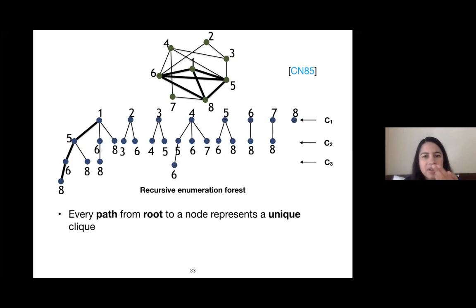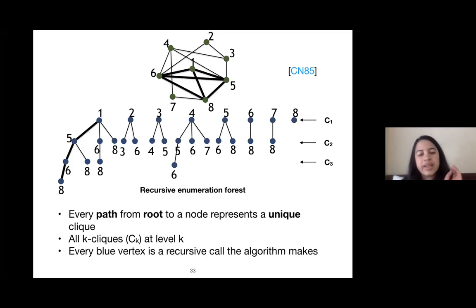For example, I've highlighted the clique 1, 5, 6, and 8, and I've shown the path that represents this clique. Basically, there's a one-to-one correspondence between the cliques represented by this enumeration forest and the cliques in the original graph. So all nodes at level 1 represent cliques of size 1, all nodes at level 2 represent cliques of size 2, and so on.